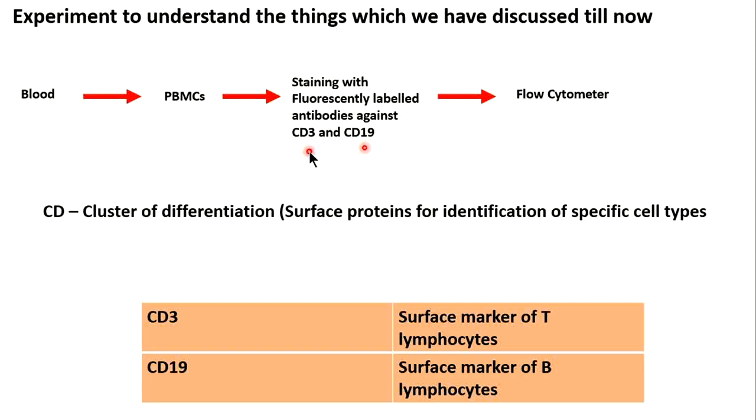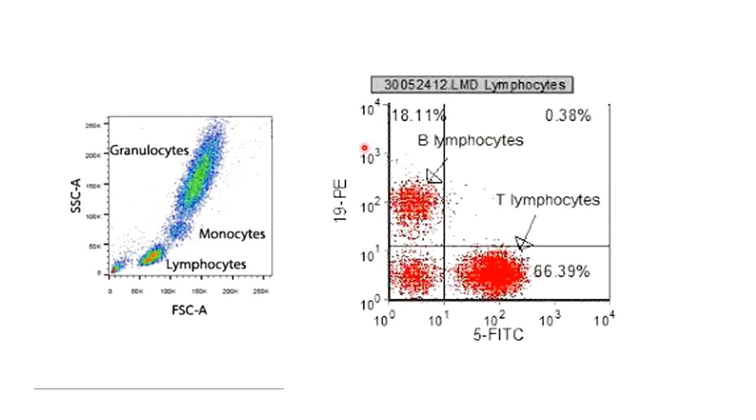So what kind of result do we get from the flow cytometer? Let's see it and try to analyze it. Wow, we are getting this kind of graph. It looks a little bit complex, but don't worry about that. If we go step by step, then it is easy to analyze.